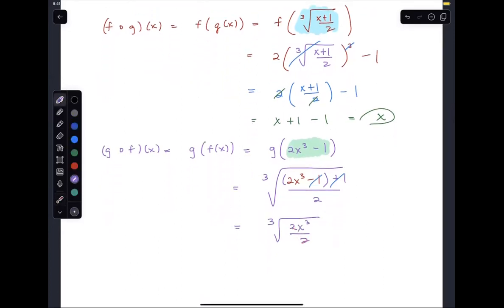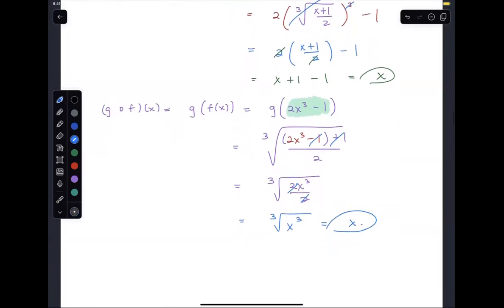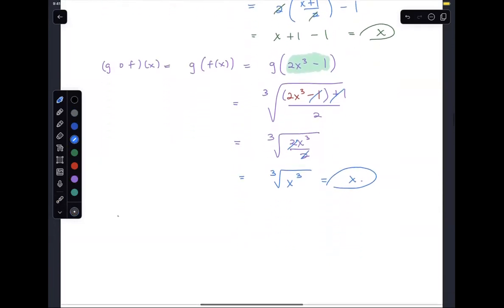These 2's will cancel out, leaving us with just the cube root of x cubed, which is just x. So f composed with g of x is equal to x, and g composed with f of x is equal to x. So therefore, f and g are inverses.